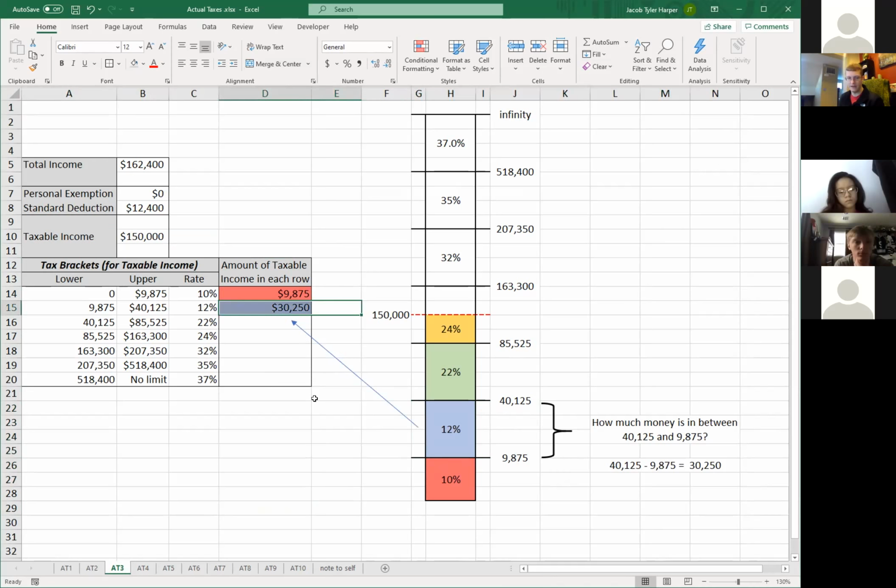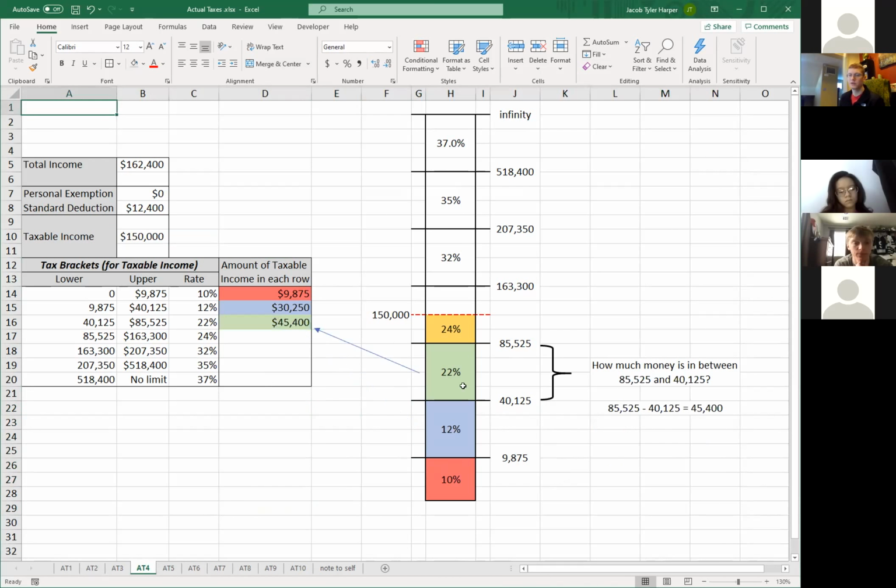So that number goes there. Continuing forward, same process for this green area. It is also completely full. So we figure out how much money is between 85,525 and 40,125 by subtracting these two and seeing that that's about $45,400 in this little 22% bracket.